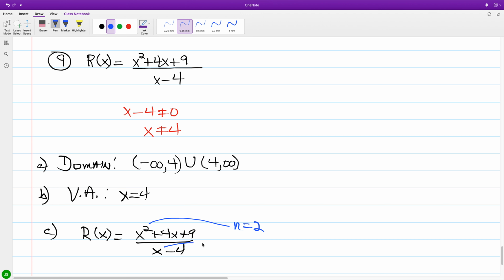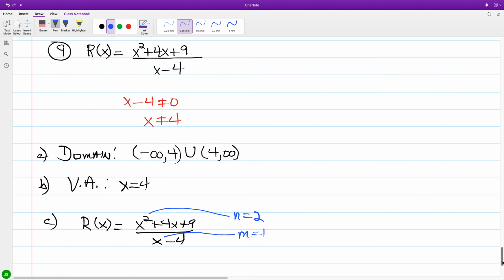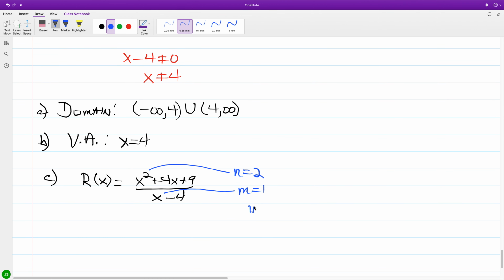The highest order term in the denominator is x, so m is equal to 1. So n is greater than m by 1 degree, and we're going to have a slant asymptote.